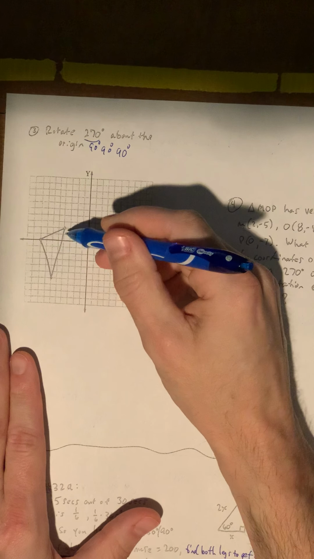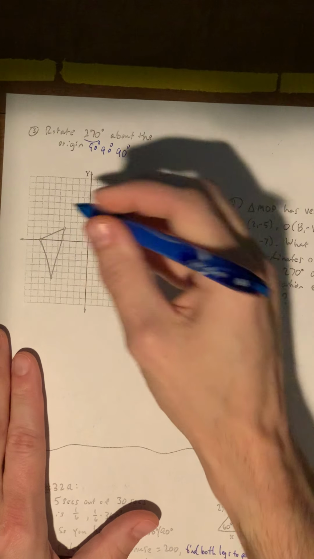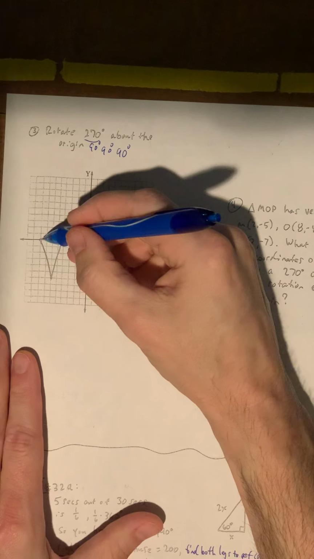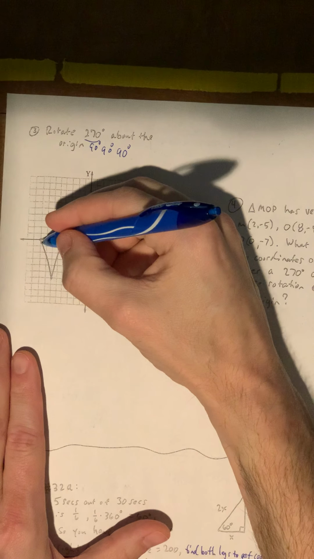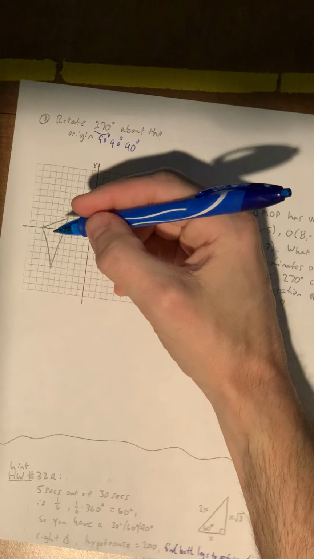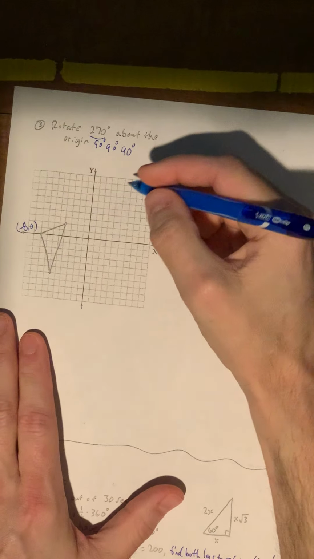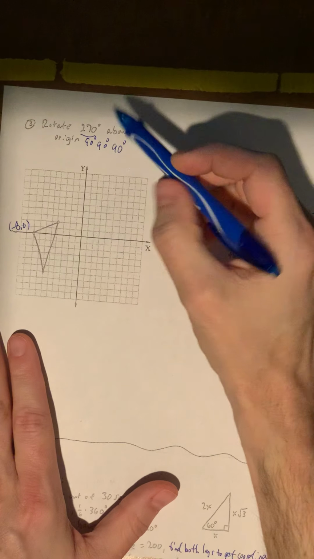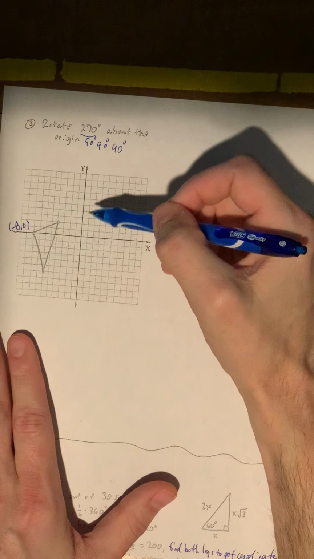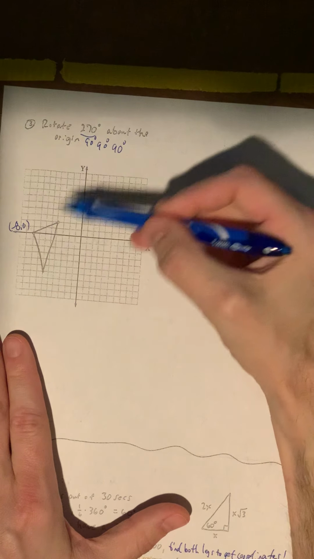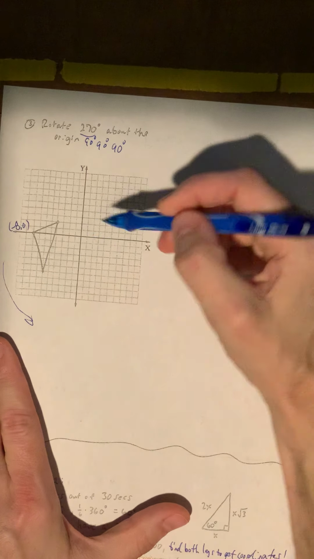So, now we don't have letters. That's no big deal. Let's just do the points. Let's start with the point on the axis right here. This point is at negative 8, 0. Now, first we have to think about where it's going to end up. So 270 counterclockwise.